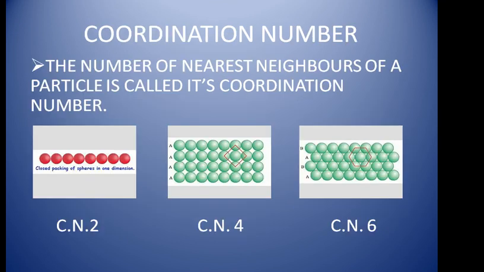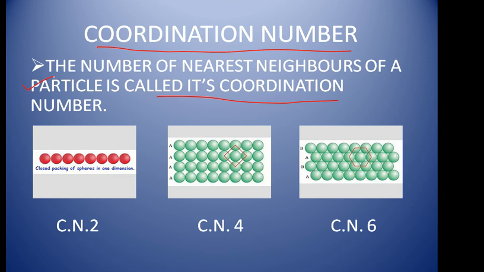Now in this context, we will learn a new term, coordination number. What is it? The number of nearest neighbors of a particle is called its coordination number. Every time I am using the term particle because it may be an atom, ion or molecule.